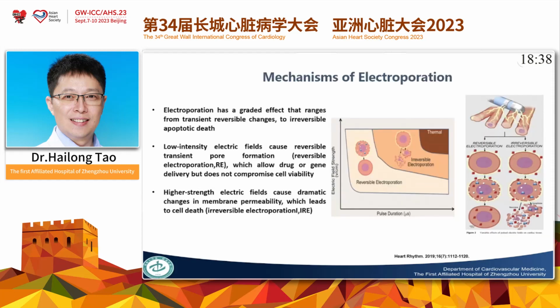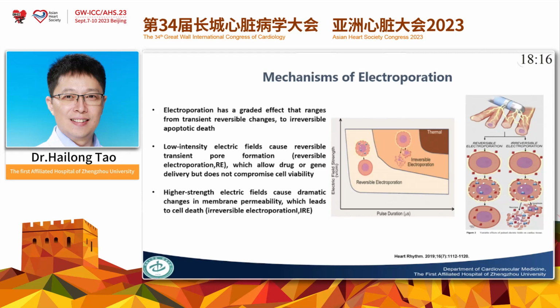The mechanisms of electroporation, let's see such as figures. We can see the electroporation has a gradual effect that ranges from transient reversible change to irreversible apoptotic death, just depending on the electric field and the pore.